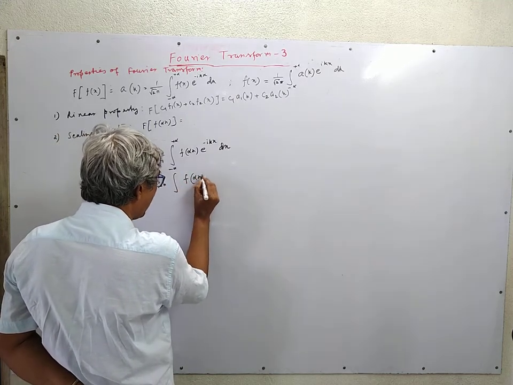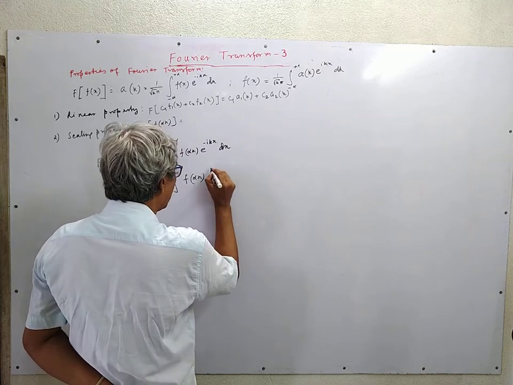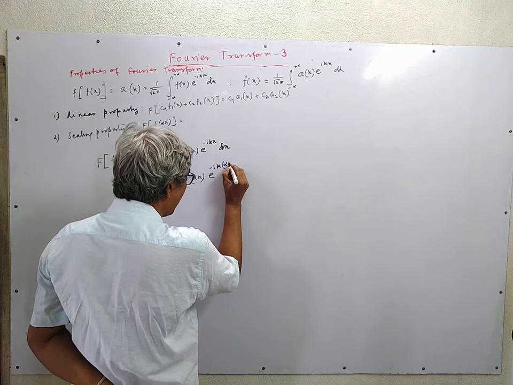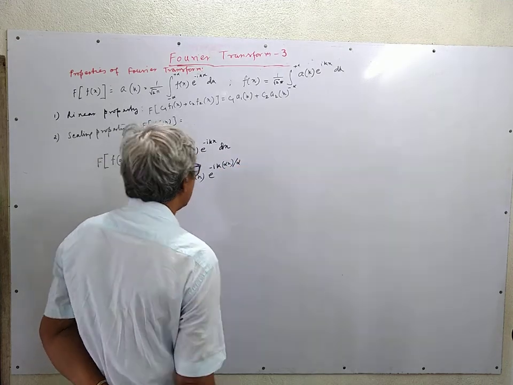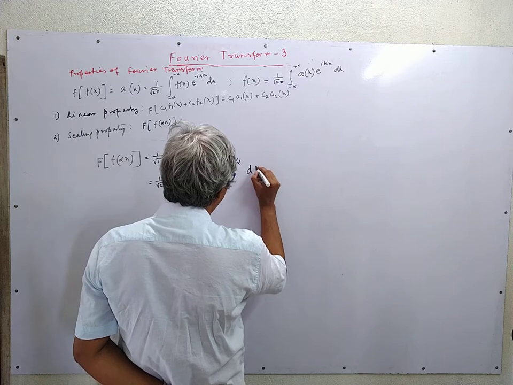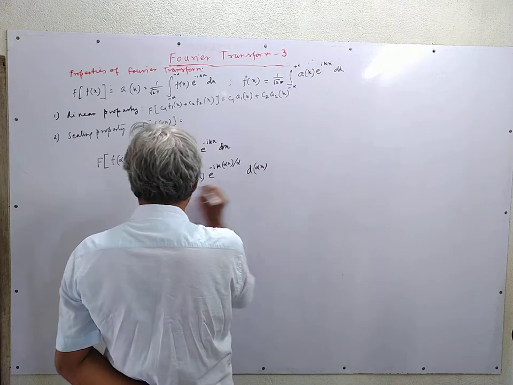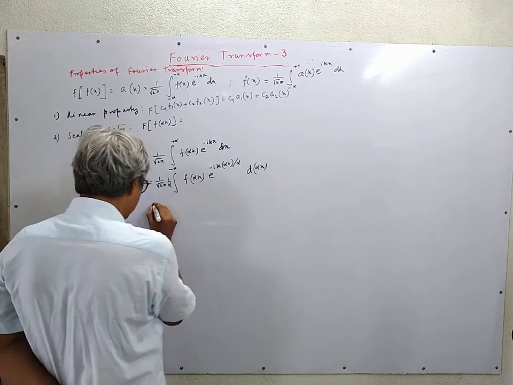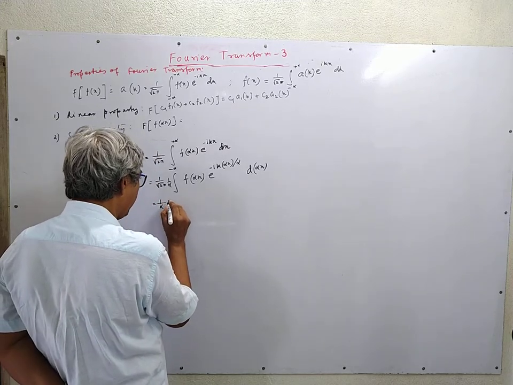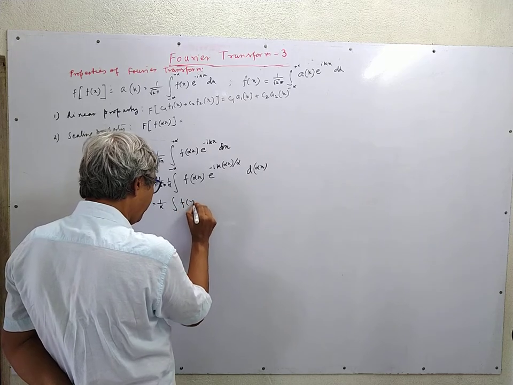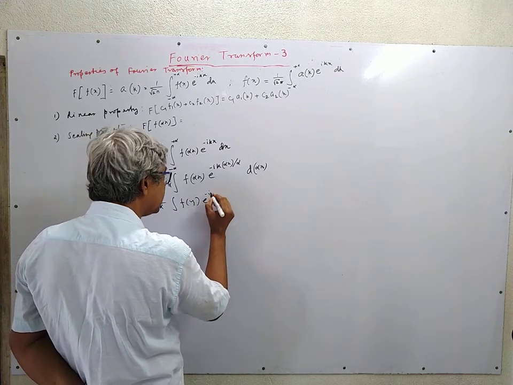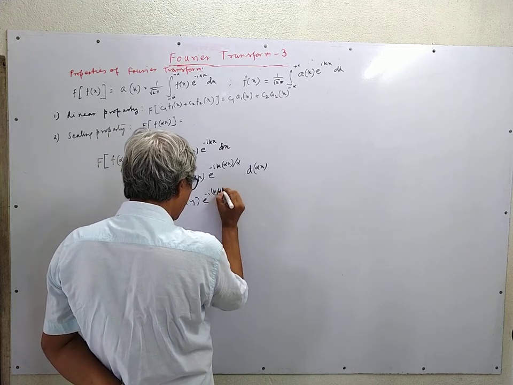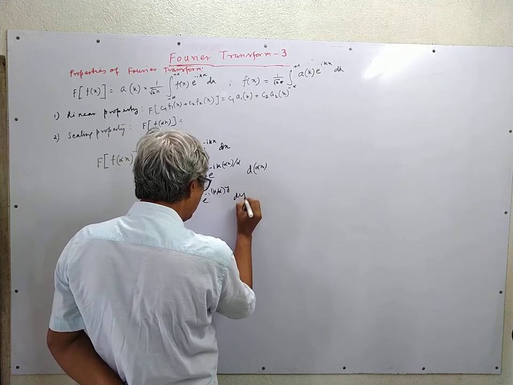This we write as f of alpha x e to the power minus i k alpha x by alpha, and here we write d of alpha x, and to adjust we write 1 by alpha over here, and we get 1 by alpha integral f of y e to the power minus i k by alpha y dy.